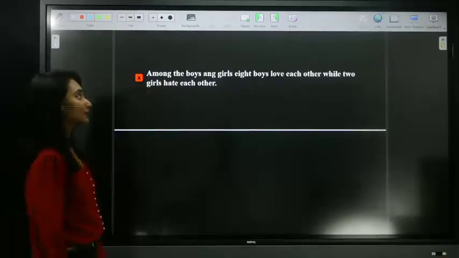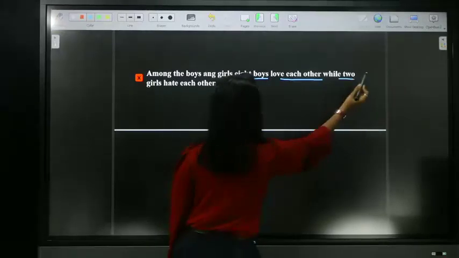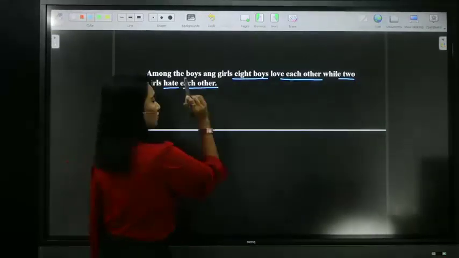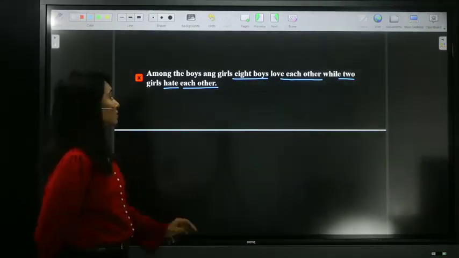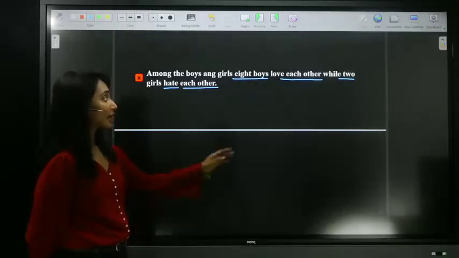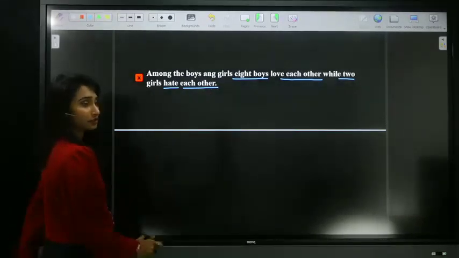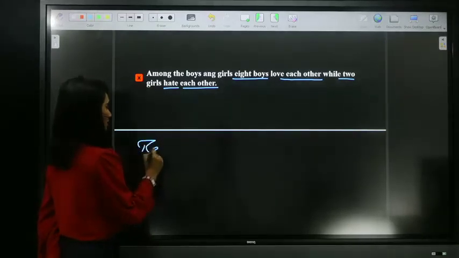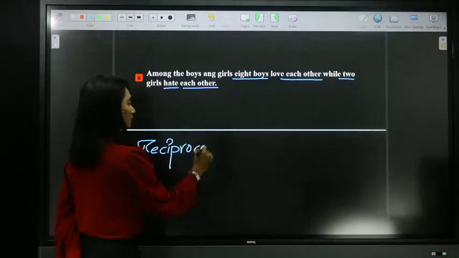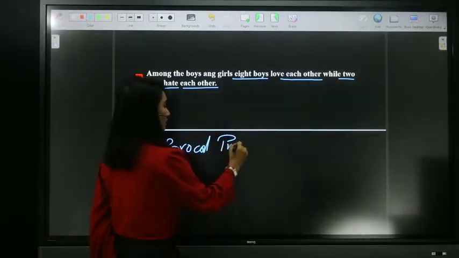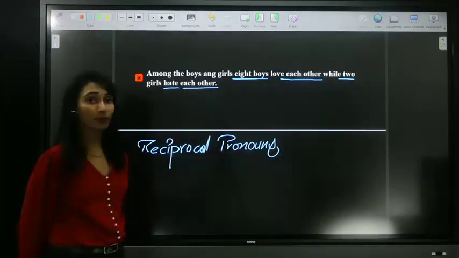Among the boys and girls, 8 boys love each other while 2 girls hate each other. So what is the error? Answer it quick. Remember the concept of reciprocal pronouns.